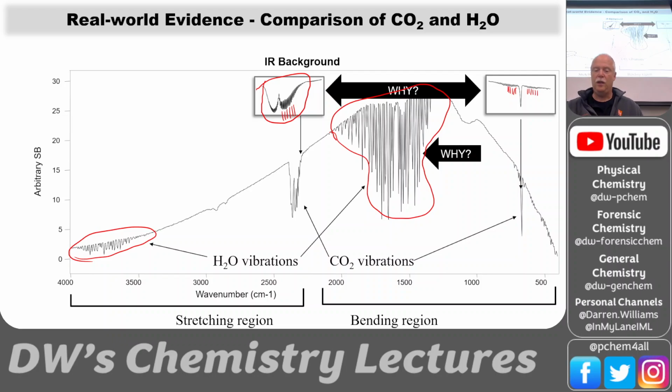Water, you can rotate water this way, okay? You can see these are the hydrogens, okay? And so their distance from the axis of rotation is this distance right here. So that's one moment of inertia. You could rotate it this way, okay? And so then the distance is this distance from the axis of rotation, which is different than this one.